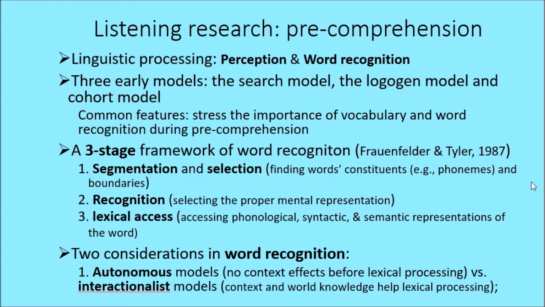So during word recognition, I have argued in my model that three processes or three stages take place. In the first stage, we segment and select what we hear. During this stage, we find words' constituents or phonemes and the boundaries between them. If you notice, between every two words on this slide, there is a little bit of white space. For example, between segmentation and there's a little bit of white space right there.